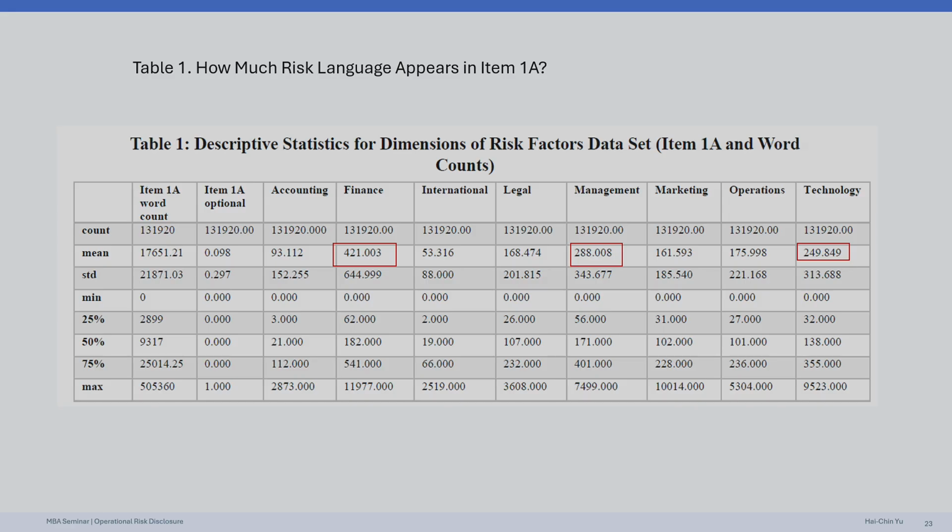But finance included more than 400, followed by management terms. There are risk factors similar there, like more than 200, followed by technology. So finance-related risks have the highest word count numbers. So in total, there are more than 100 word counts.